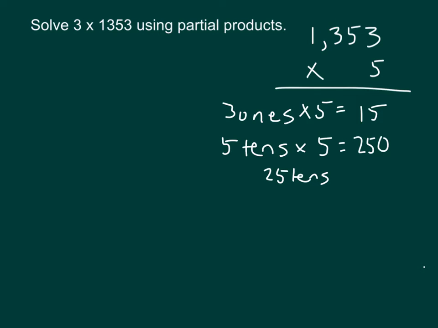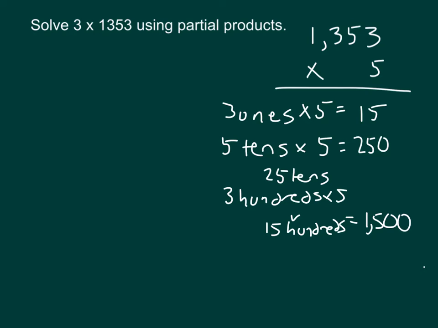How about this 3? It is worth 3 hundreds, and 3 hundreds times 5 is what? Well, 3 times 5 is 15, and then we have 15 hundreds. How do we write 15 hundreds? Did you say 1,500?